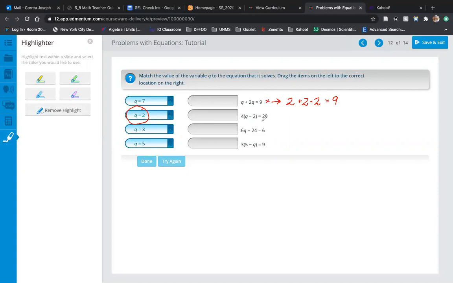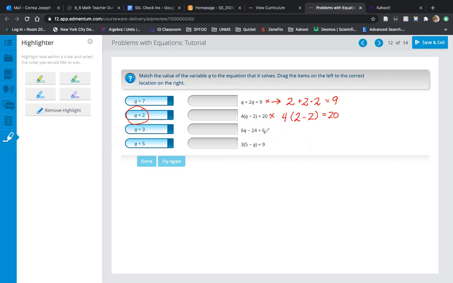Then I would just check the next one. I would say, okay, over here, 4 times, again, Q is 2, so 2 minus 2, can that be equal to 20, right? No, because I know 2 minus 2 is 0, so this left-hand side is just 0, so it can't be that one either, right?